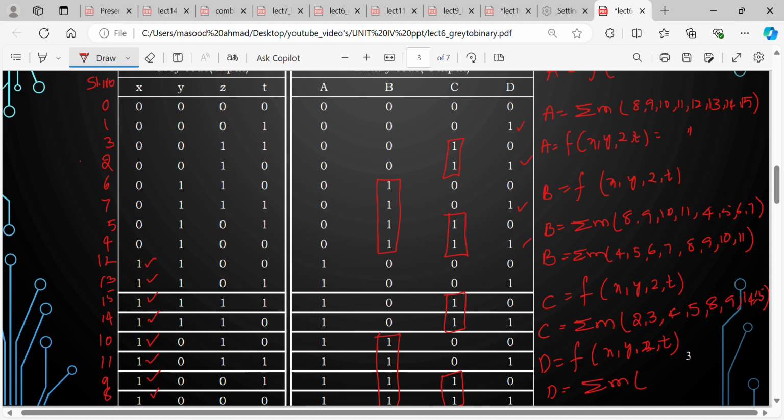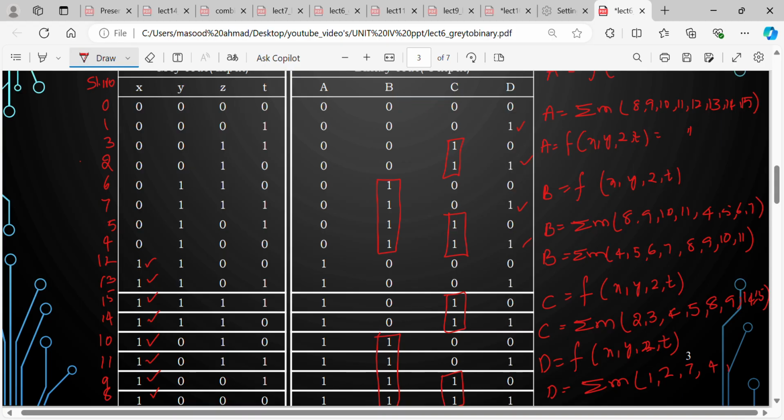Those values we can write: that is 1, then this is 2, then after 2 the value that we have is 7. Next this one is 4.